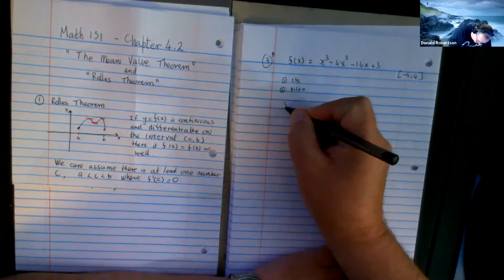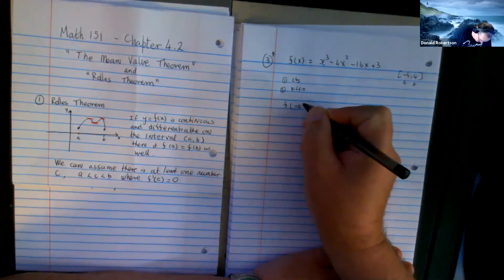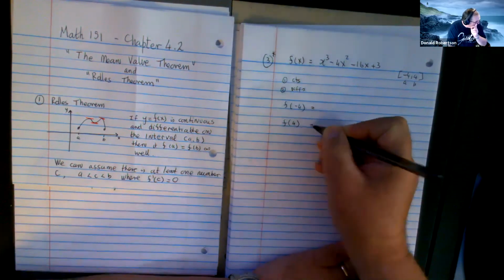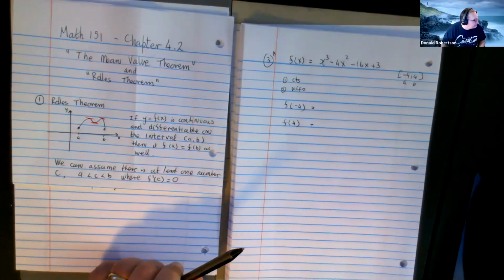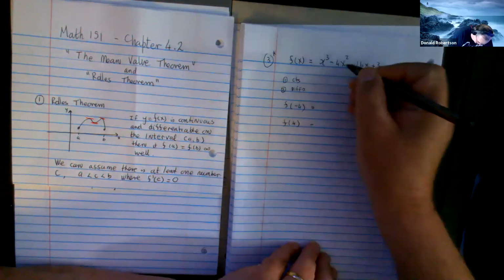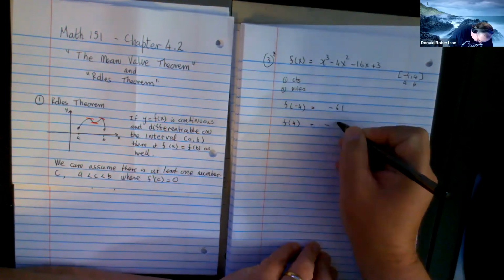I'm going to find the value of the function at -4, and I'm going to find the value of the function at 4. And oh God, what's this equal to? Let me find out. And if you plug -4 in here, I've got the answer in front of me, you get -61.